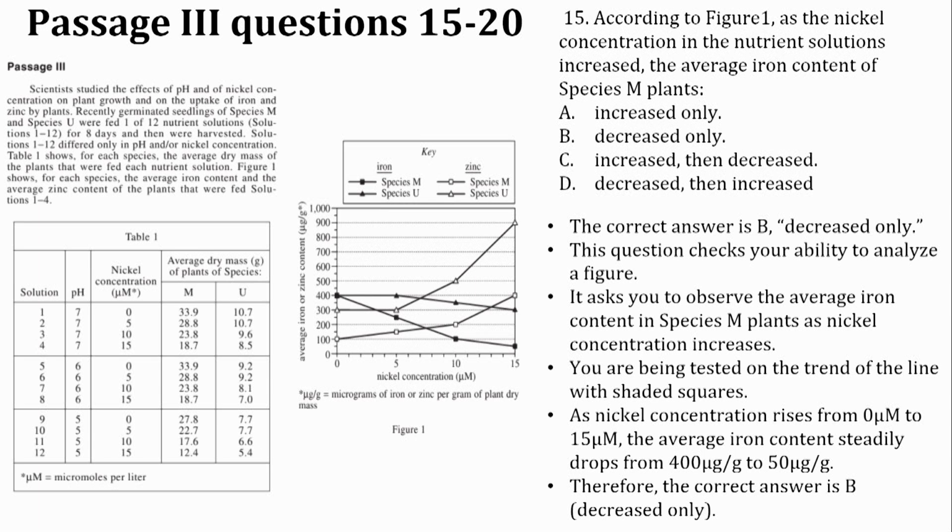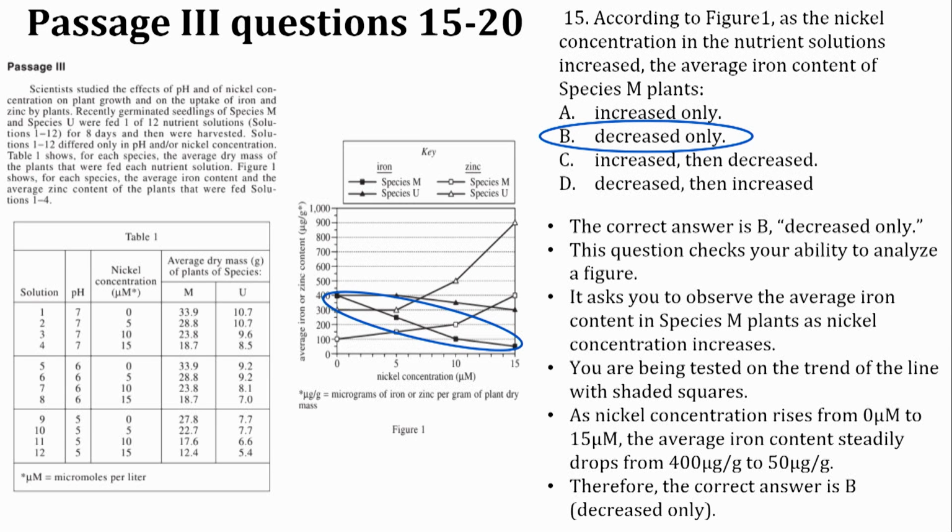You are being tested on the trend of the line with the shaded squares. As nickel concentration rises from 0 to 15, the average iron content steadily drops from 400 micrograms to 50 micrograms per gram. Therefore, the correct answer is B.